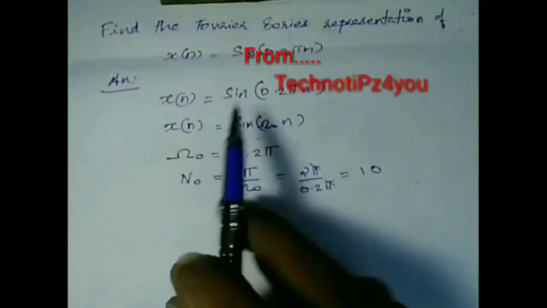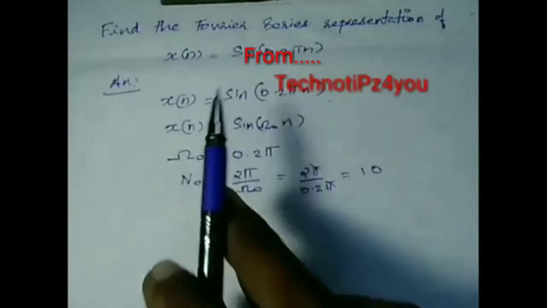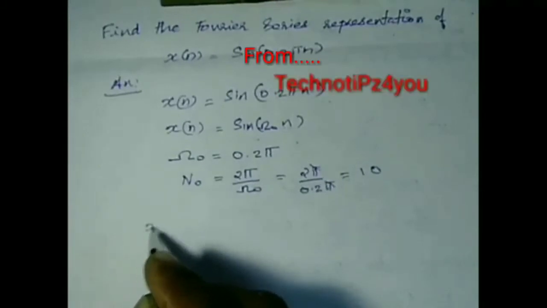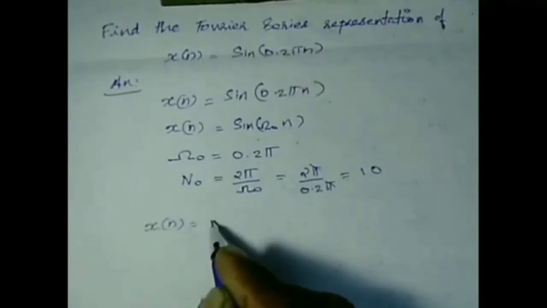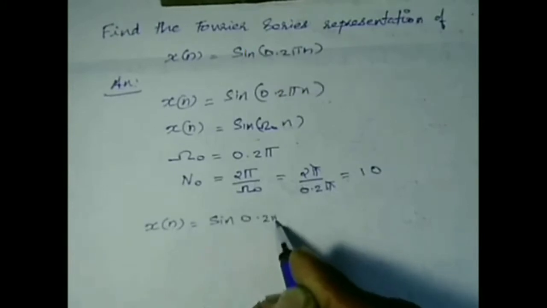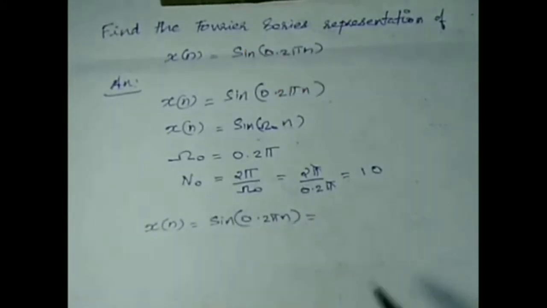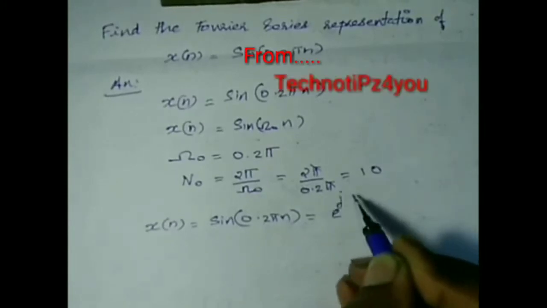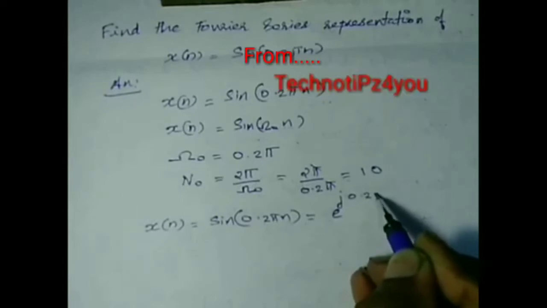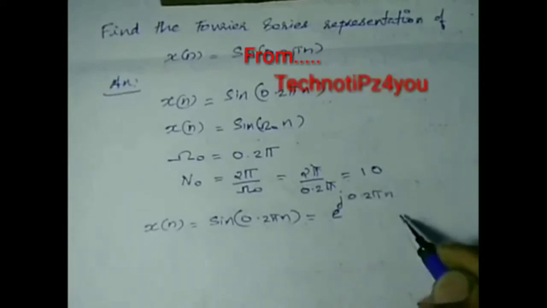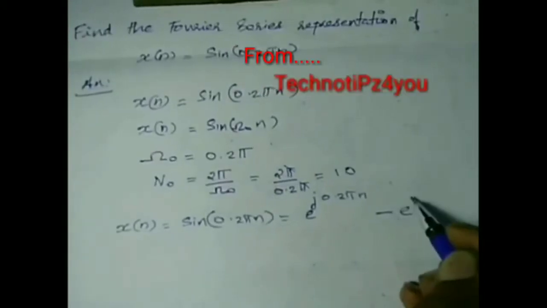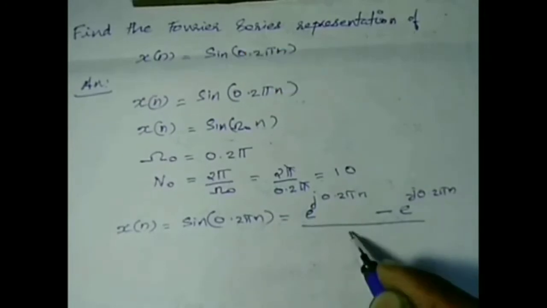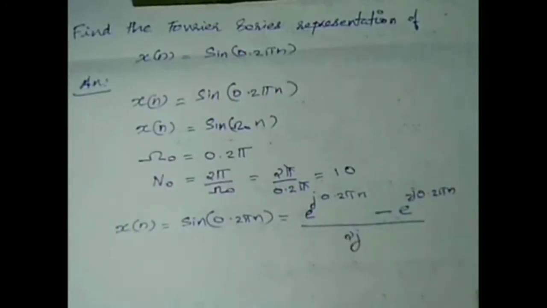Now let us rewrite the given discrete time signal x of n using Euler's identity. x of n is equal to sine 0.2 pi n, which can be rewritten as e raised to j 0.2 pi n minus e raised to minus j 0.2 pi n, all divided by 2j.